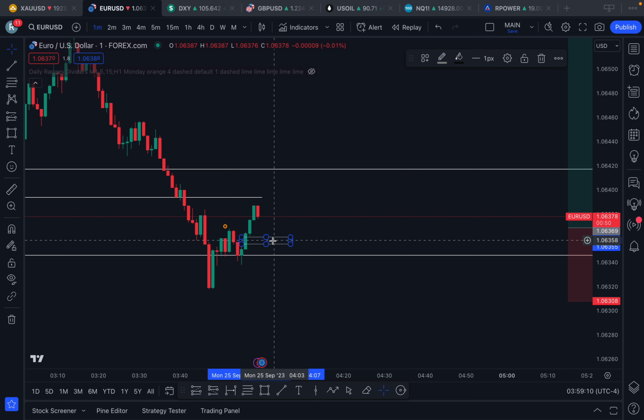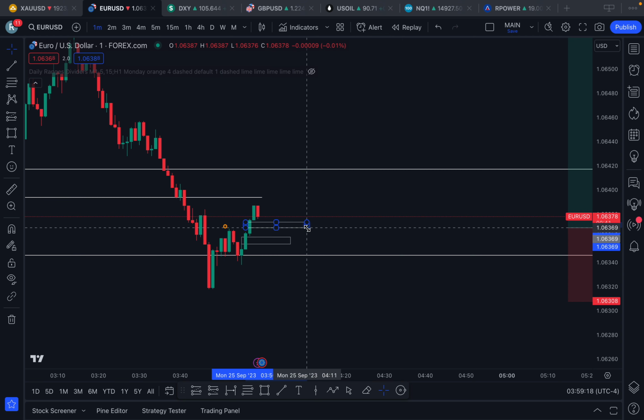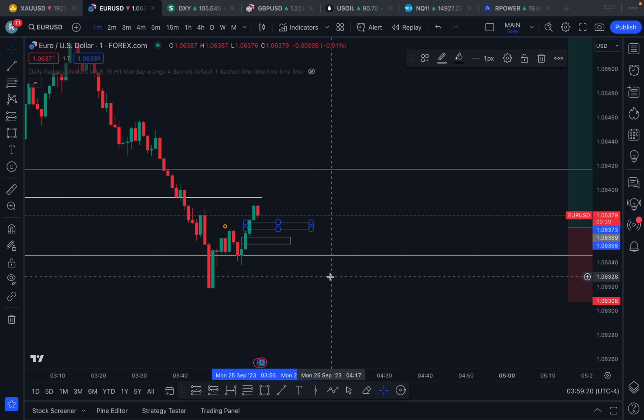I want to see if the price comes there. Do you see it? That's a fair value gap right there. I want to see if the price comes there or not.